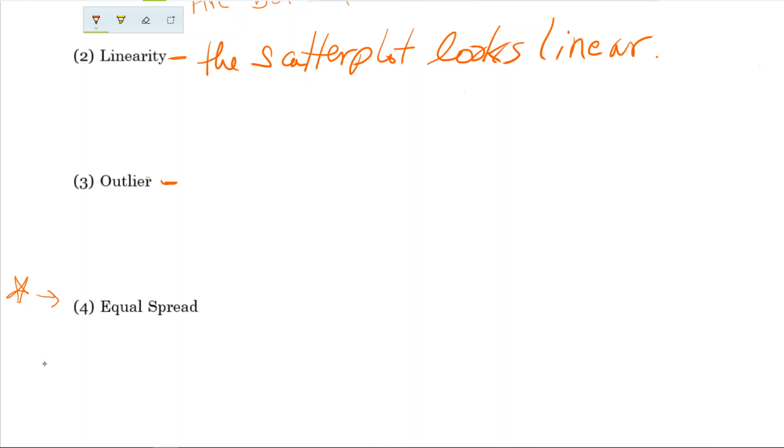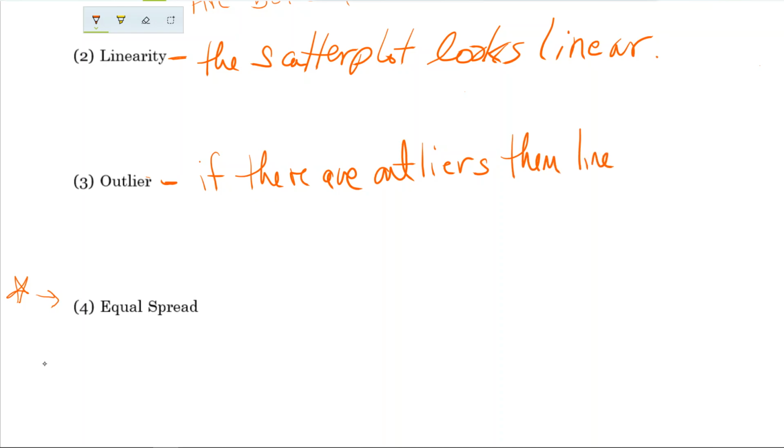Sometimes you don't have a choice, and you'll have to do it anyway, but if there are outliers, this is the other reason why you should check the scatter plot. So coming up with a line should not be done. So you really should check these three before you do the line.